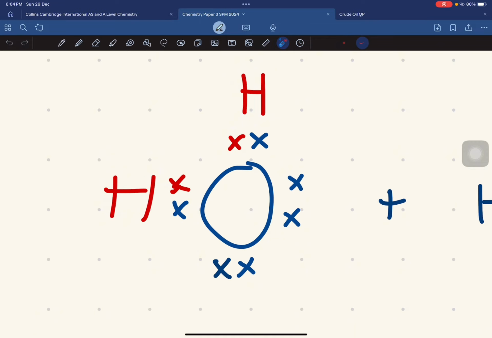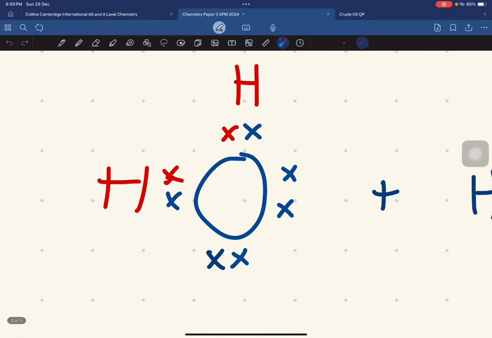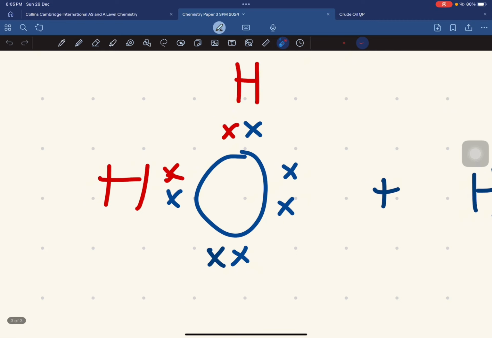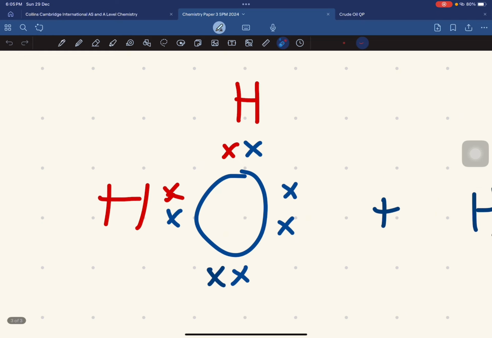So in a water molecule, one oxygen atom forms two covalent bonds with two hydrogen atoms. Right now, this oxygen atom has achieved stable octet electron arrangement. Meanwhile, this hydrogen atom has achieved stable duplet electron arrangement.